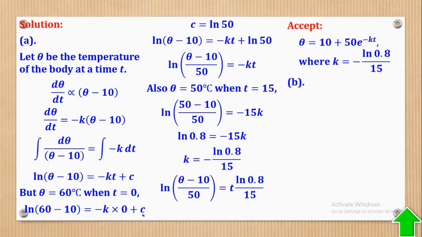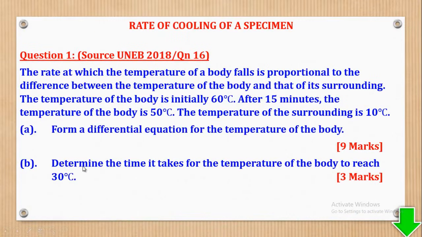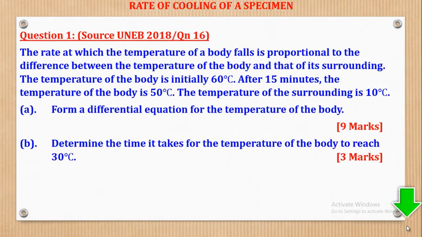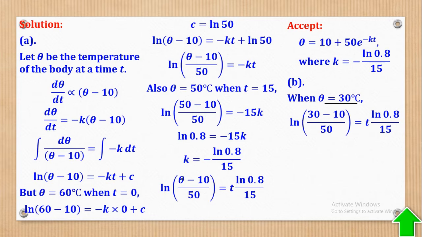So part B, let's see what part B says. Part B says determine the time it takes for the temperature of the body to reach 30 degrees Celsius. So they want the value of t when theta is equal to 30. So we shall say that when theta is equal to 30 degrees Celsius, we substitute it here and be able to get this unknown, which is t.